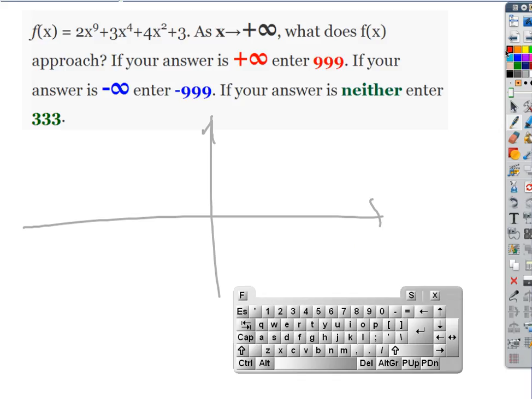The question is just, is it going to blow up positively or negatively, right? And that's all we have to find.